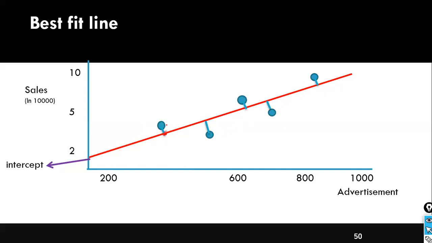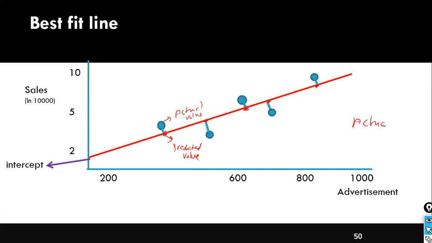Why should I find out the distance between these two things? This is my actual value. The predicted value sits on top of this line. Here is the predicted value. So we are going to find out the distance between the actual and predicted value.